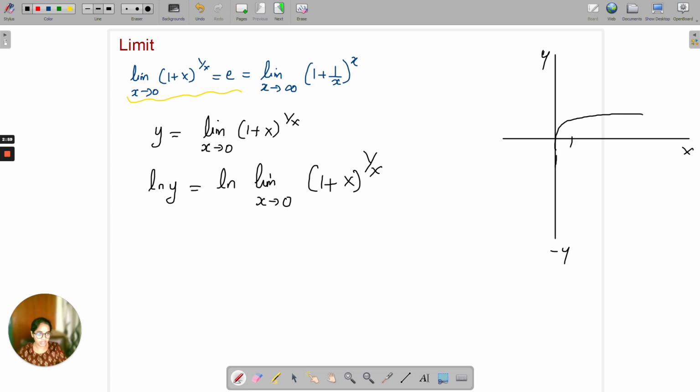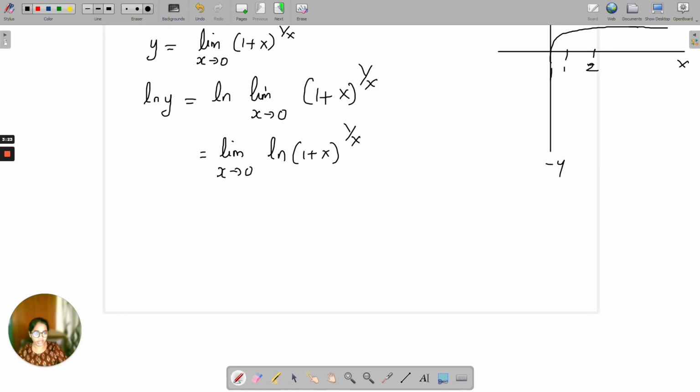So you see that this is continuous, there are no breaks. It goes like this till infinity. Since it is continuous for positive values, I can write it as limit x tending to 0 of ln (1 plus x) to the power 1 divided by x.